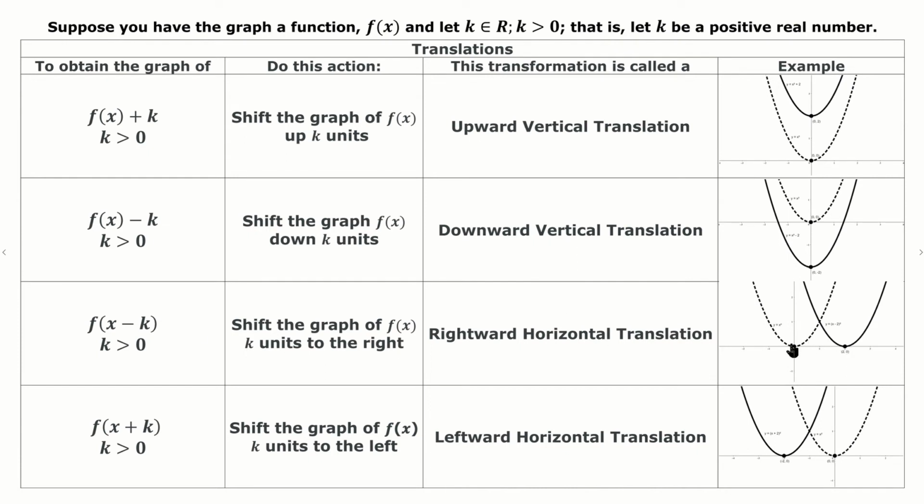Okay, so if this one hits a 0 here, f of x minus k is going to hit the 0 height k units later. Okay, how about f of x plus k? Well, that does the exact opposite, right? This one, whatever happens to the original function happens to this function k units earlier.